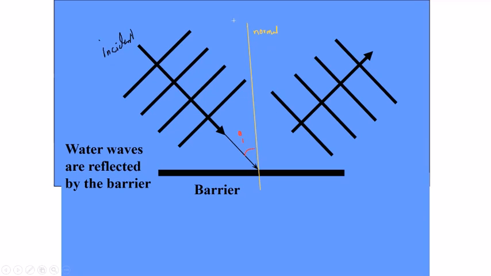The wave which strikes the surface and bounces off is called reflected. The angle between the normal and the reflected is known as the angle of reflection. The angle between the incident and the normal is always equal to the angle between the normal and the reflected.